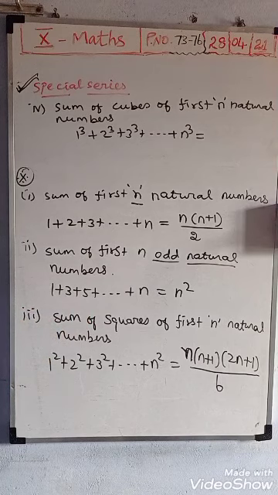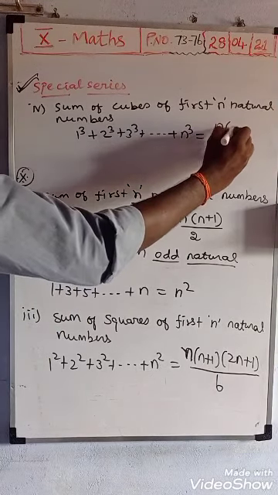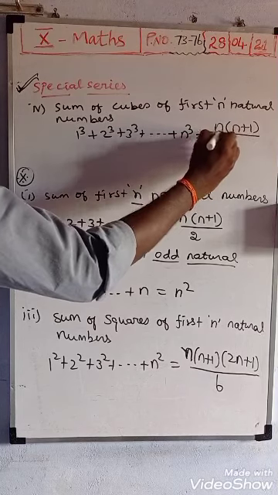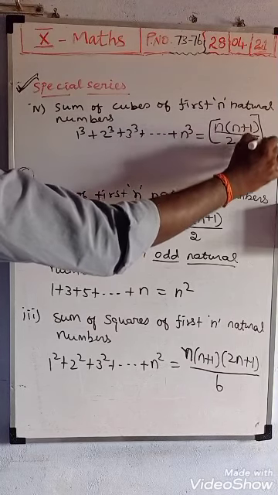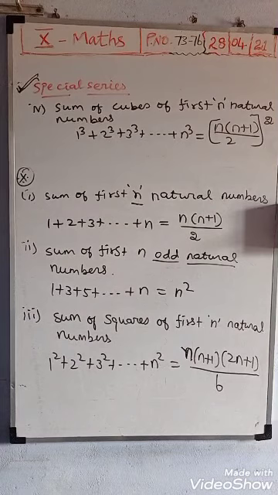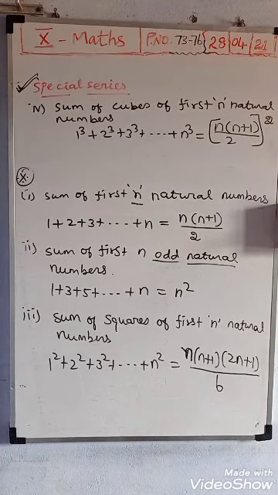Natural number cubes we are adding, so the formula is n into n plus 1 divided by 2, to the whole square. To recap: sum of first n natural numbers is n into n plus 1 by 2. n odd natural numbers is n squared. Squares of first n natural numbers is n into n plus 1, 2n plus 1 divided by 6.